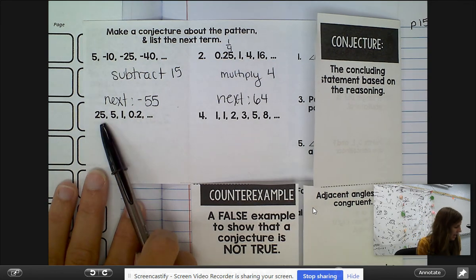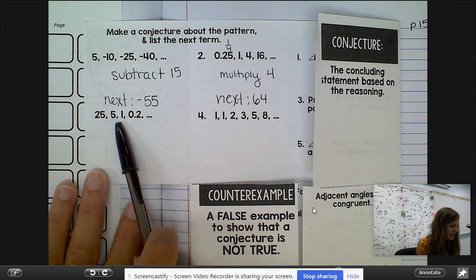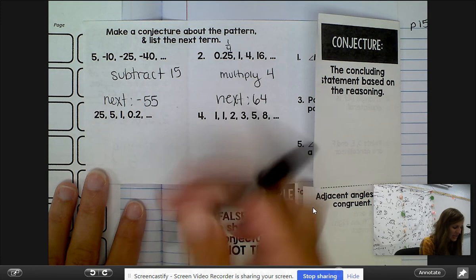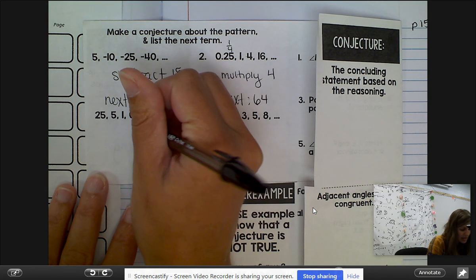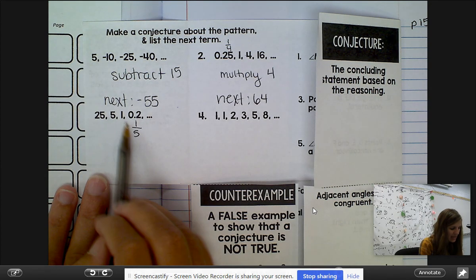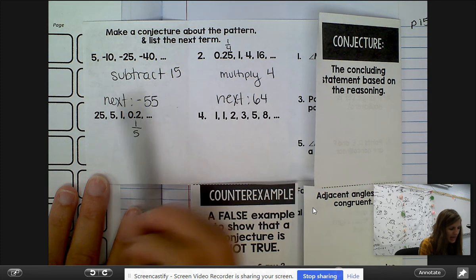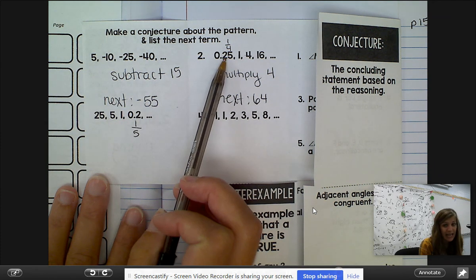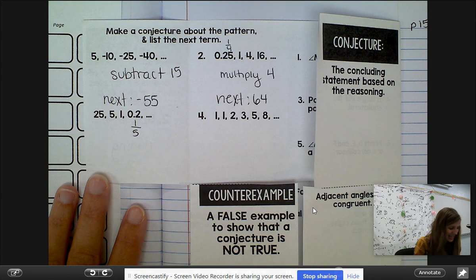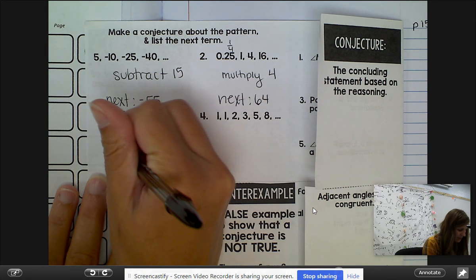Okay. Number 3 down here, we got 25, 5, 1, 0.2, which is actually 2/10 or 1/5. And so I think this is very similar to that last one where, it's not growing, it is shrinking, but it's shrinking at an increasing rate. So we're not just adding or subtracting. I think we are dividing.